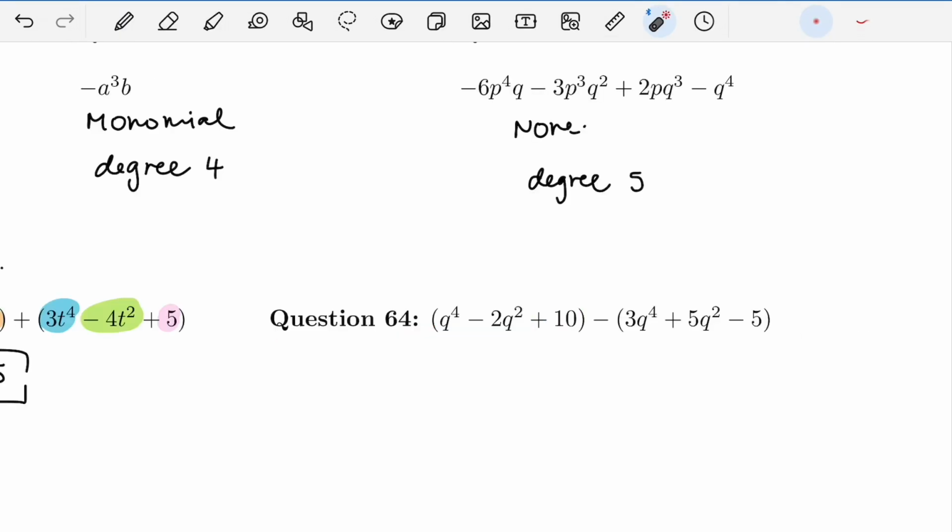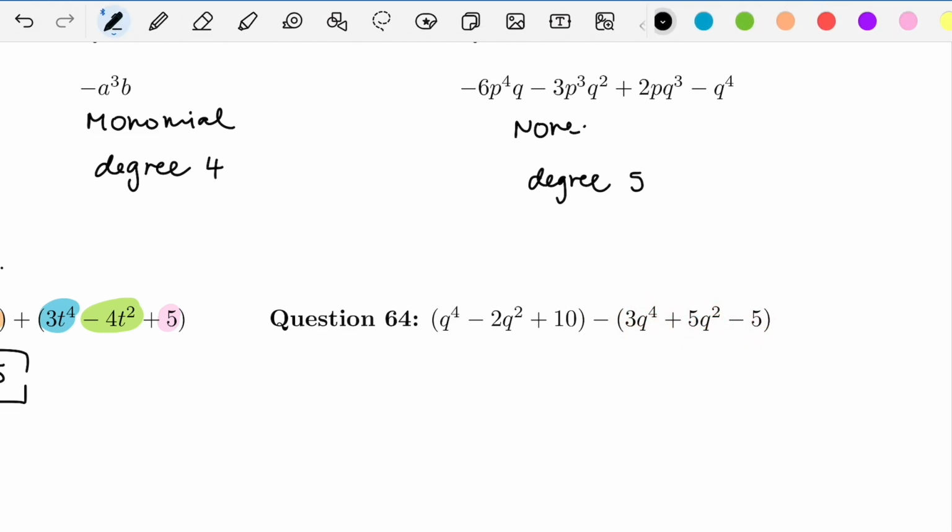So in this next example, what we're doing is subtracting these two polynomials. We're subtracting this polynomial from this one here. And in this case, we have to be a little bit careful because the action of subtracting is going to change the sign of all of the terms inside of our parentheses. This negative essentially gets distributed to every single term inside of our parentheses.